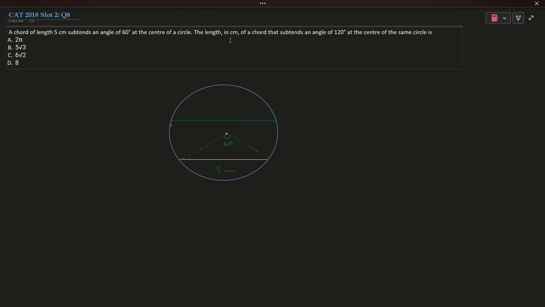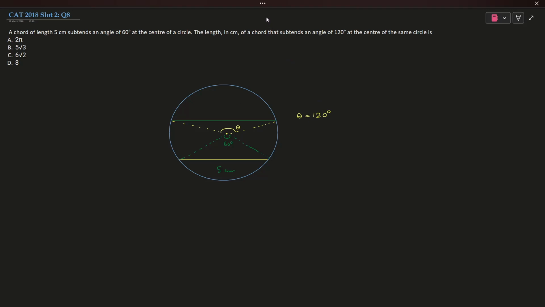So this is 120 degree. This angle is, let's say, theta. Theta is equal to 120 degree.